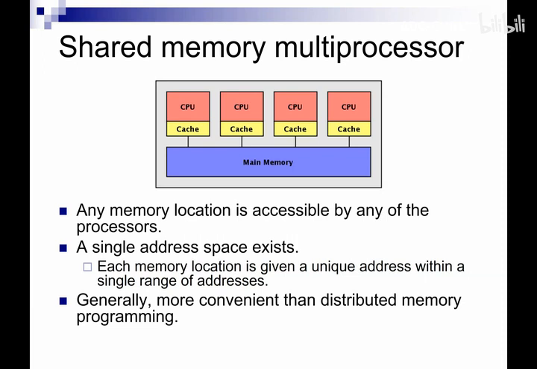You might have a few dozen, maybe up to a few hundred. But because you have fewer processors, they're usually more directly connected to each other, and so you have higher bandwidth between them. So you can often achieve higher performance per processor on these shared memory processors.